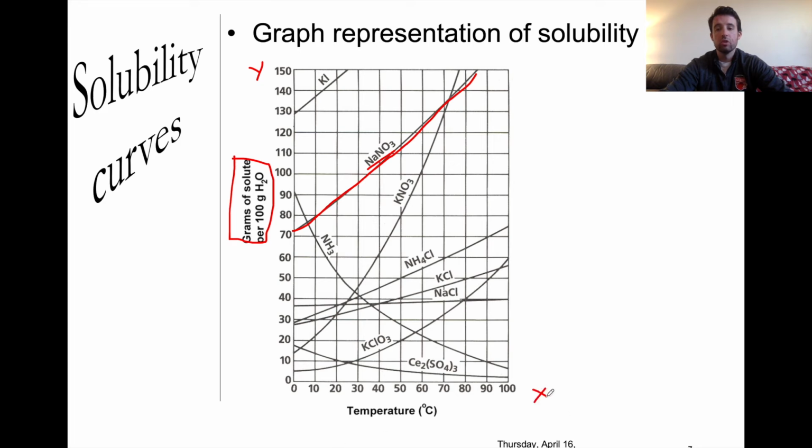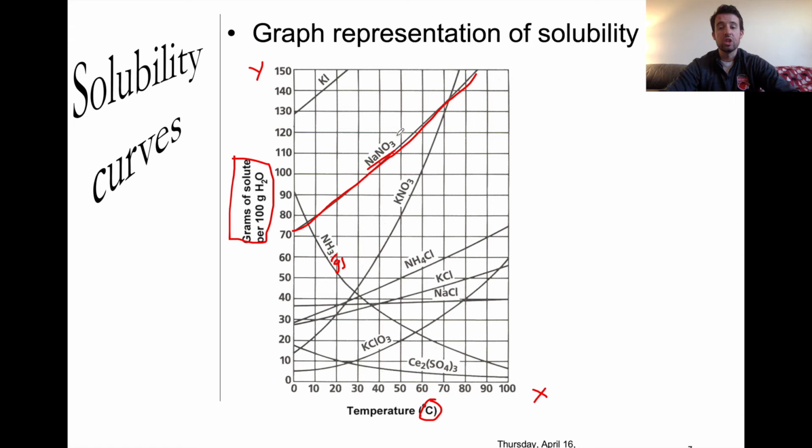One of the things you'll notice, a general trend, is that all of these lines have a positive slope, except for NH3. And that's because in general, when temperature increases, solubility increases. Now you might be wondering, why is NH3 downward? Well, NH3 is actually a gas, and all these other solutes are solids.